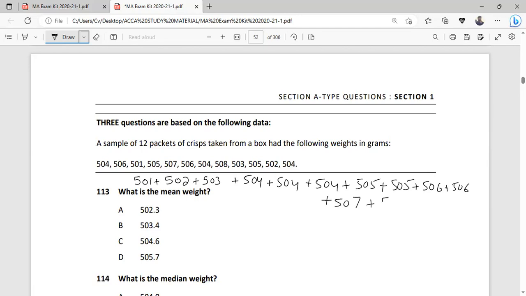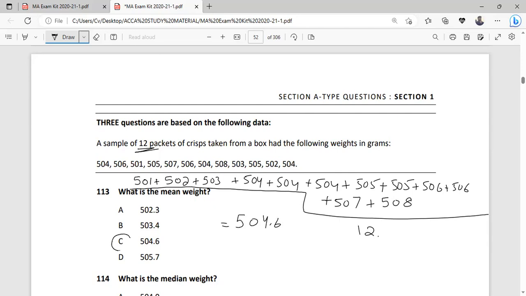And then we have 508, only once. So we will add up all these values and divide by the number of values, 12 packets. So divided by 12. We can add up all these values and our mean weight is 504.6. So C is the right answer.